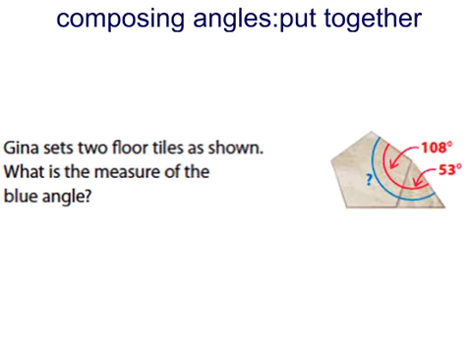I know that I have a 108-degree angle. And I know that I have a 53-degree angle. Those are the two angles that were given to me. When these two angles are put together, they make this one larger angle. So I have to add these two angles together to find the measurement of this one larger angle.